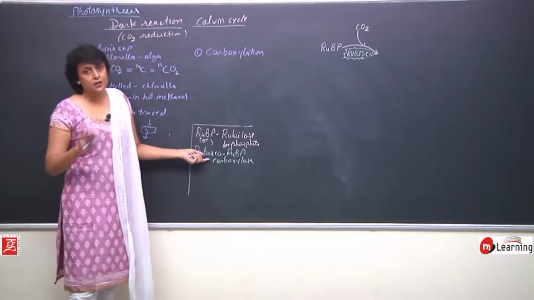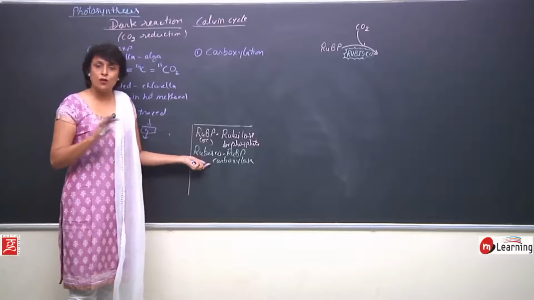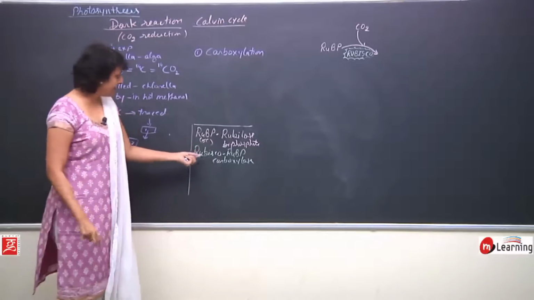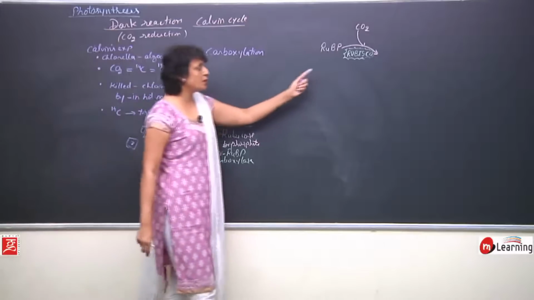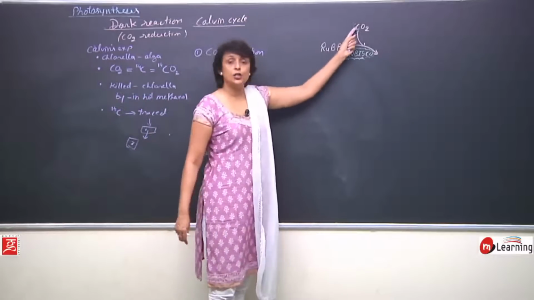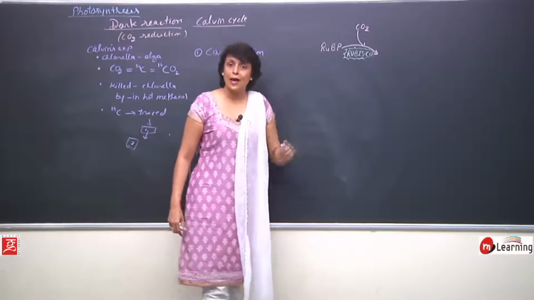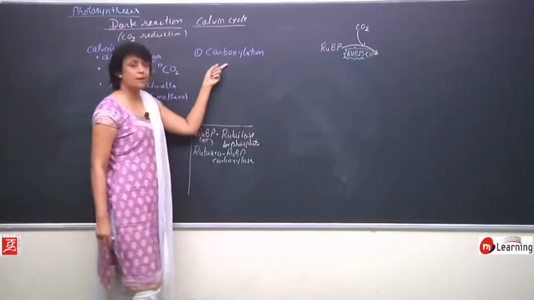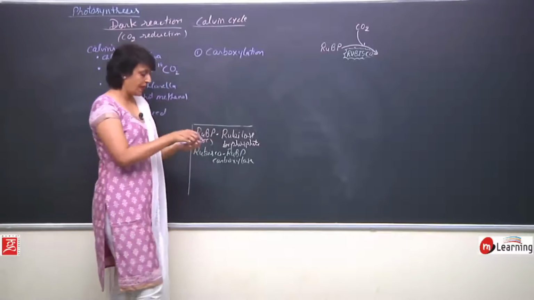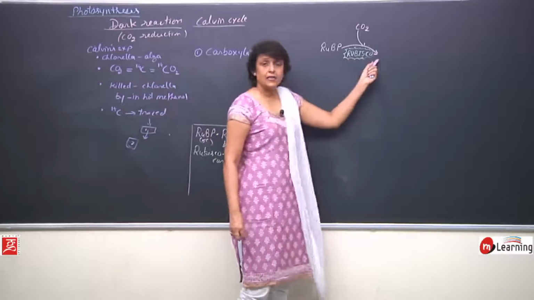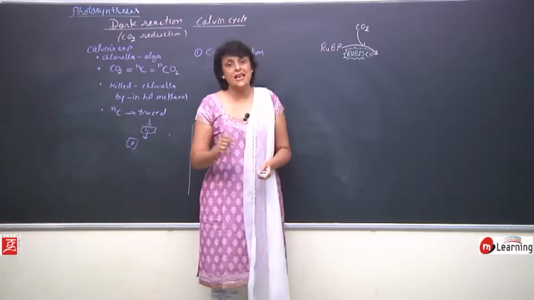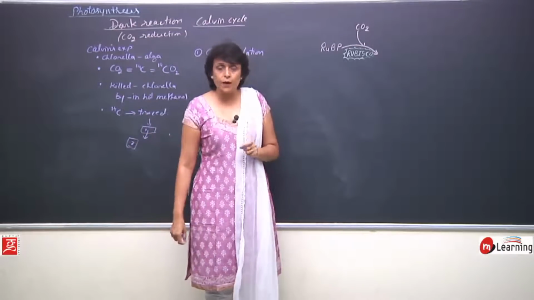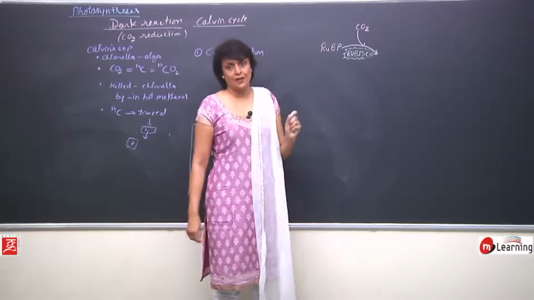Normally, when temperature and carbon dioxide concentration are normal, at that time it acts as carboxylase. So this RuBisCO helps in addition of carbon dioxide to RuBP. This first step is carboxylation. When Kelvin was analyzing everything, the first stable compound which they found was a 3 carbon compound.